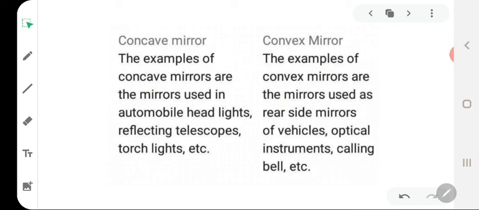Concave mirrors are also used in solar cookers because when a parallel beam of sunlight falls on a concave mirror, this beam is brought to the focus of the concave mirror, and as a result, the temperature of an object placed at this focus increases considerably, so the food in the container gets cooked. A concave mirror is also used in hospitals by dentists and ENT specialists to focus light on teeth, nose, eye, and throat to examine these organs.